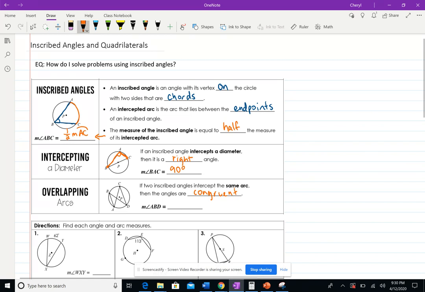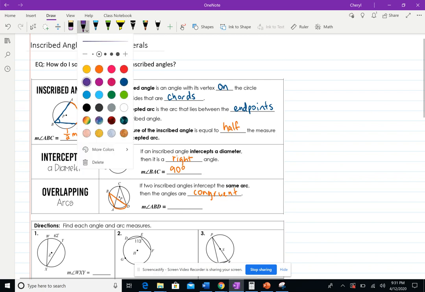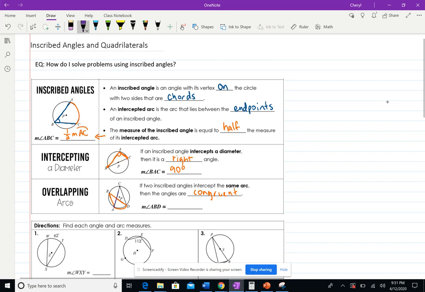We have angle ABD with its intercepted arc AD, and we have angle ACD with its intercepted arc also AD. Okay, that makes the angles congruent. So we can say that the measure of angle ABD is equal to the measure of angle ACD.